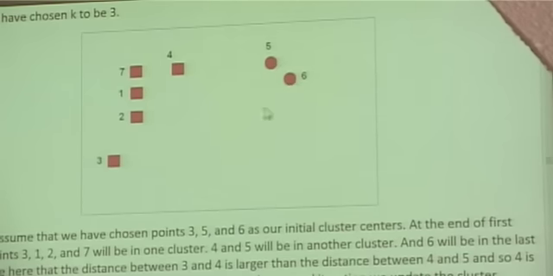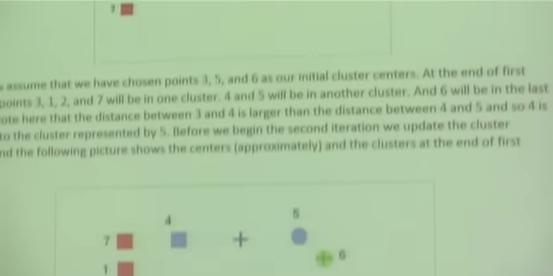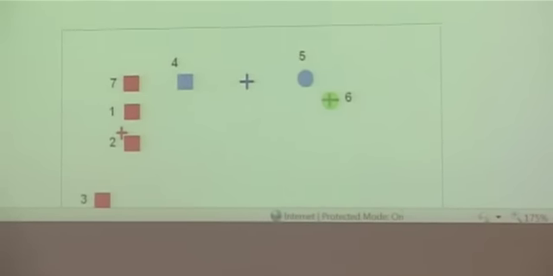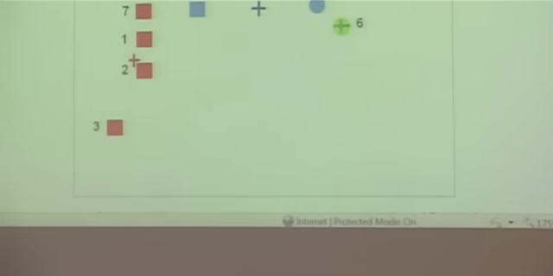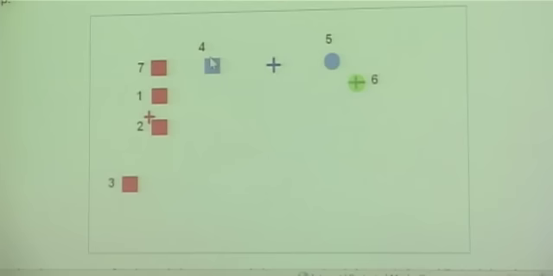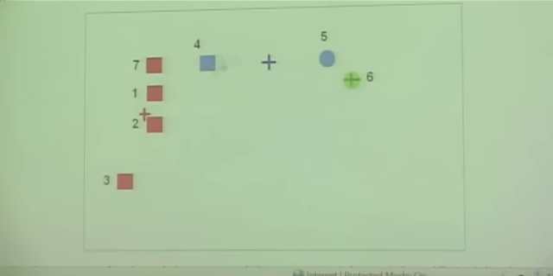So at the end of the first iteration, the picture looks like this. These four are in the same cluster, these 2 points are in the same cluster, and this 6 is in a single cluster. None of our 3 clusters are empty at the end of the first iteration.